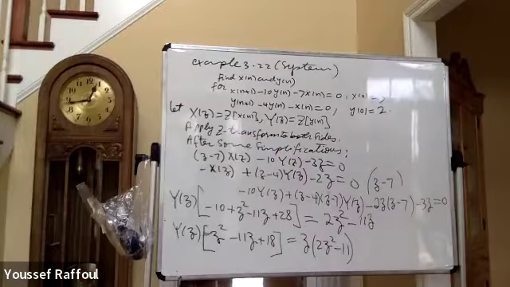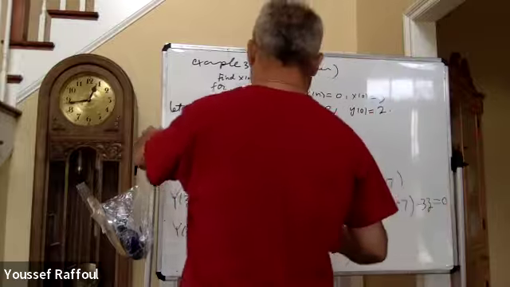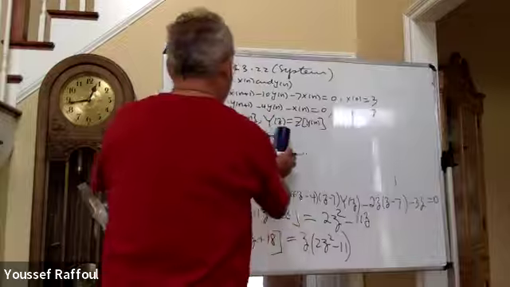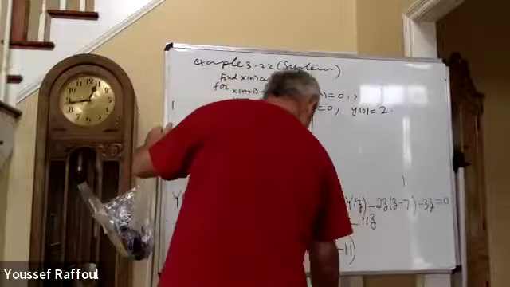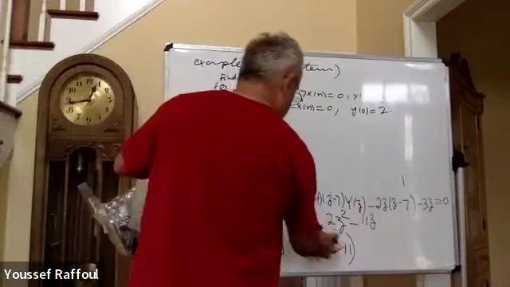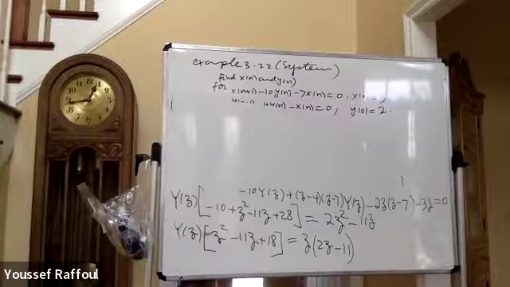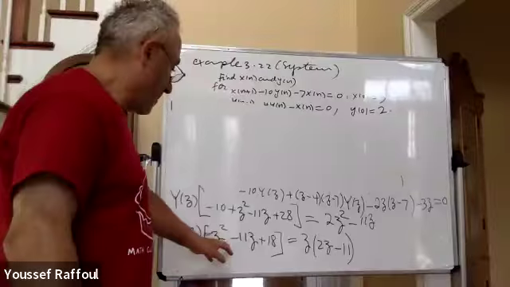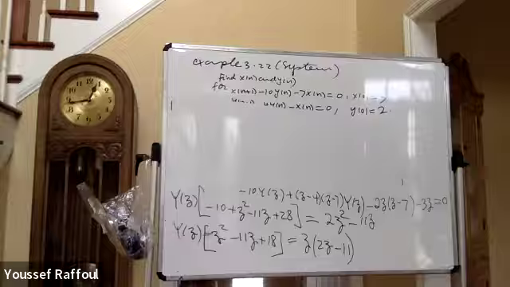Oh, sorry. That's z(2z minus 11). Now this factors into (z minus 2)(z minus 9).